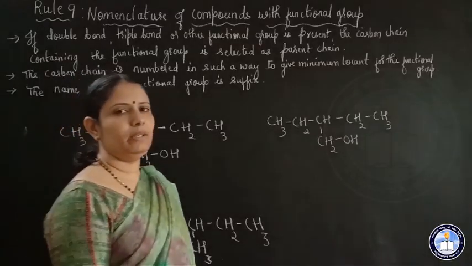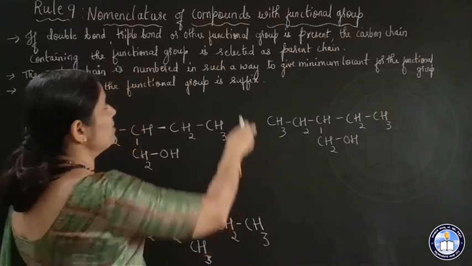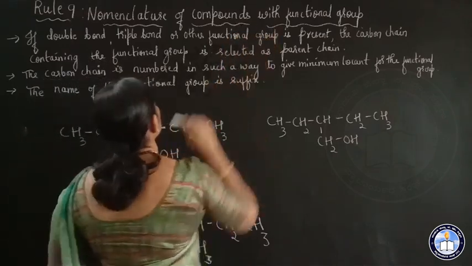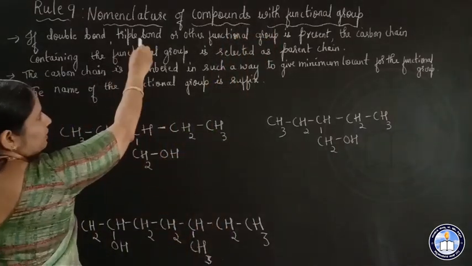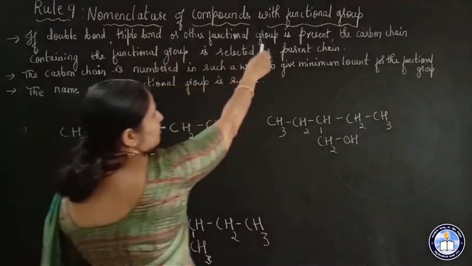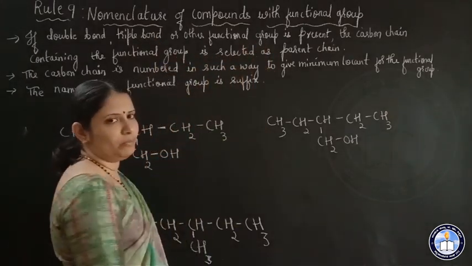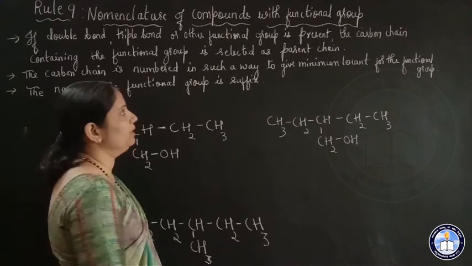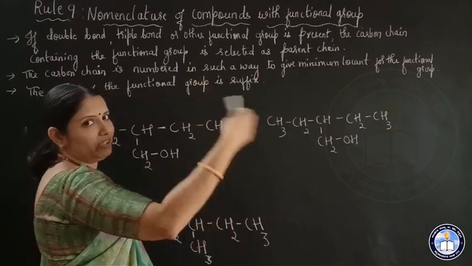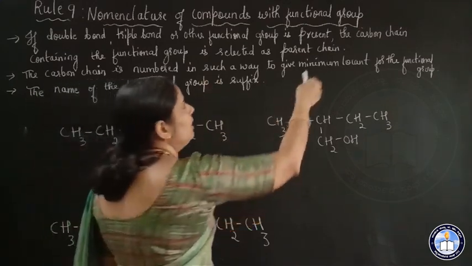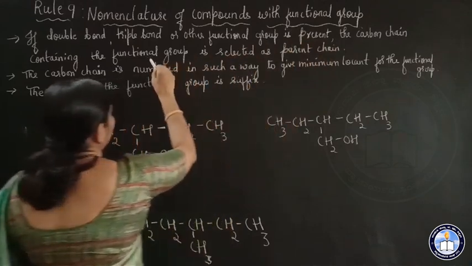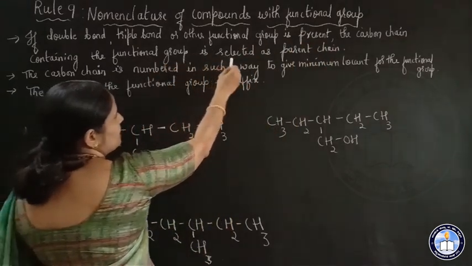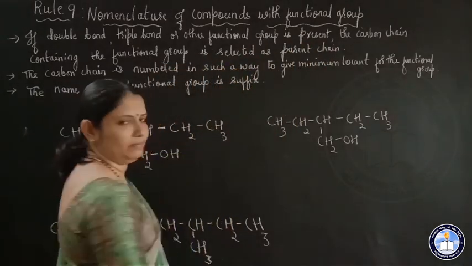Now we shall study the naming of compounds with the functional group. If a double bond, triple bond or other functional group is present, compounds having double bond, triple bond, that is completed. So if some other functional group is present, the carbon chain containing the functional group is selected as the parent chain.